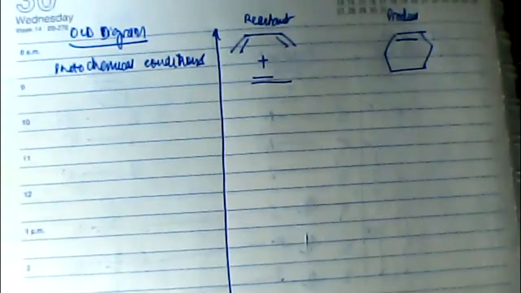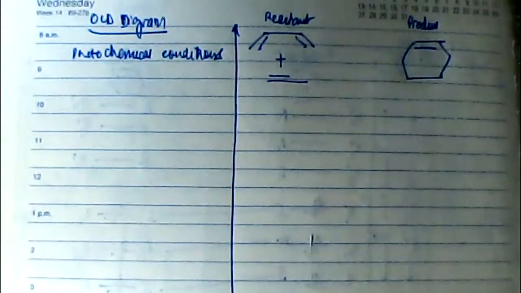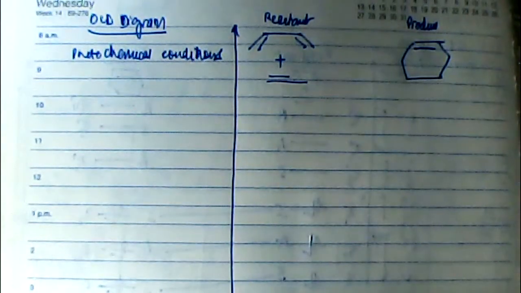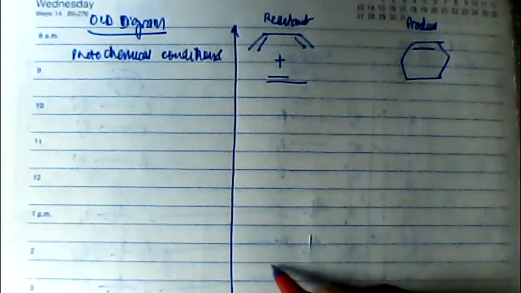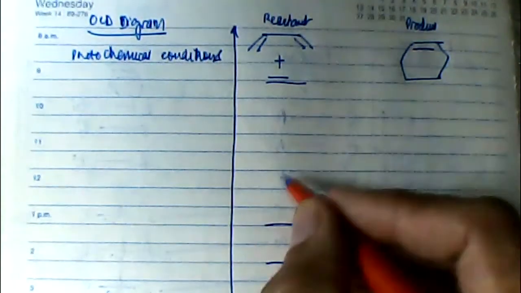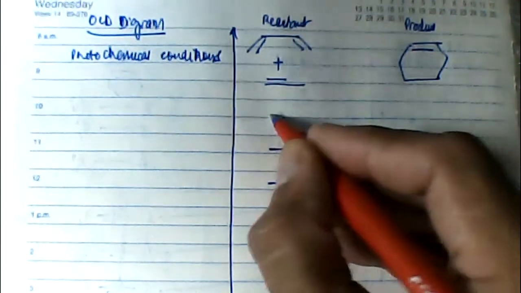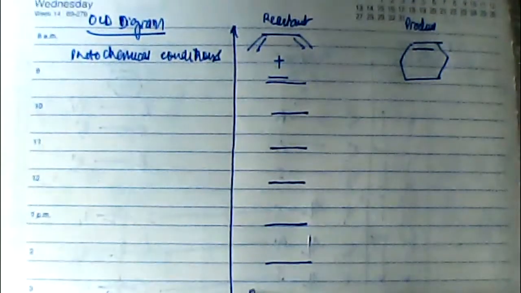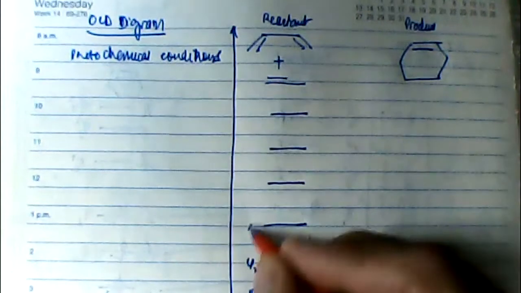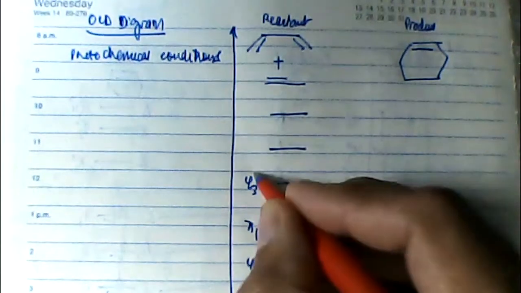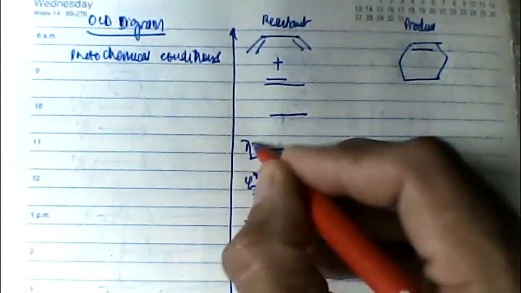To start with, on the ground state I had Phi 1, Phi 2, Pi 1, Phi 3 star, Pi 2 star and Phi 4 star.